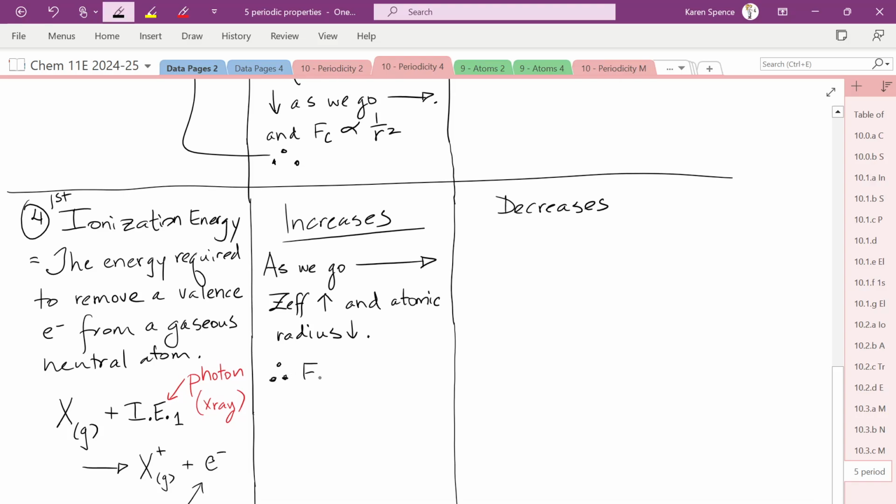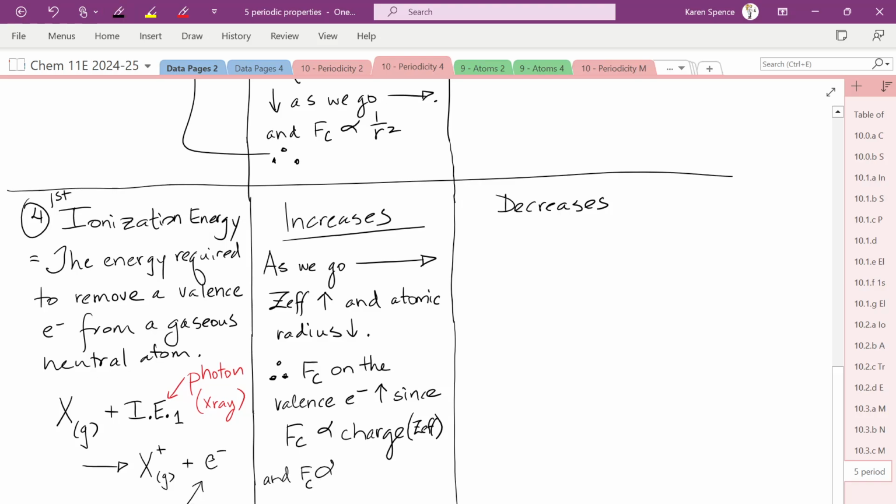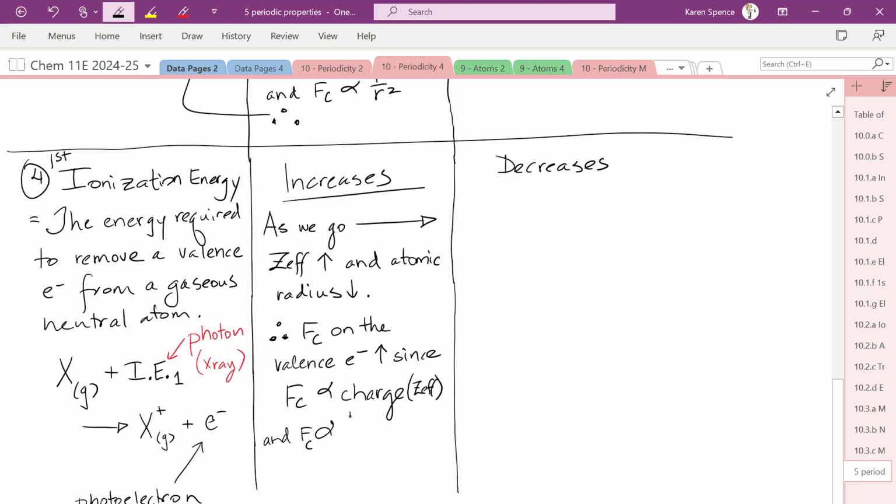Therefore, the Coulombic attraction on the valence electron increases, since Fc is proportional to charge, which is the Zeff, and Fc is proportional to 1 over r squared.